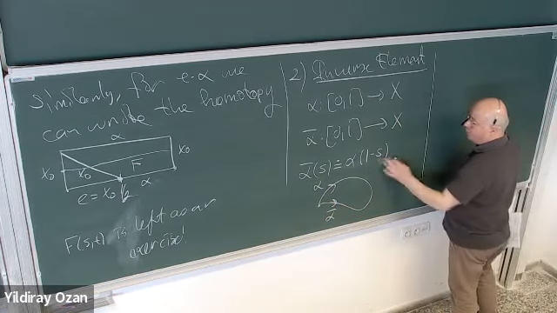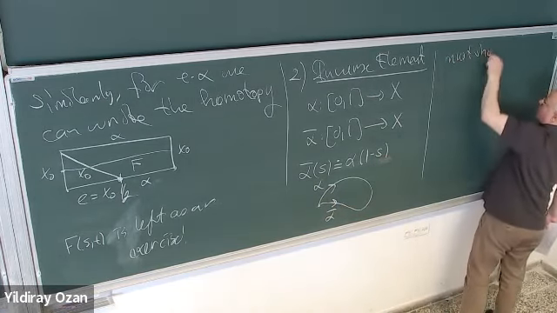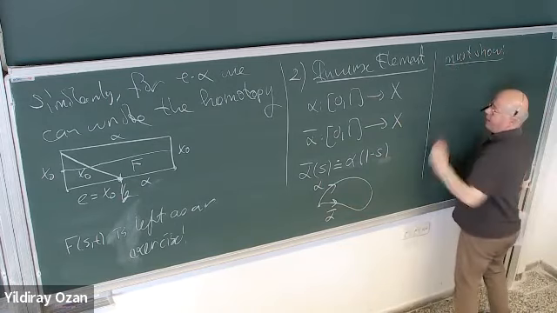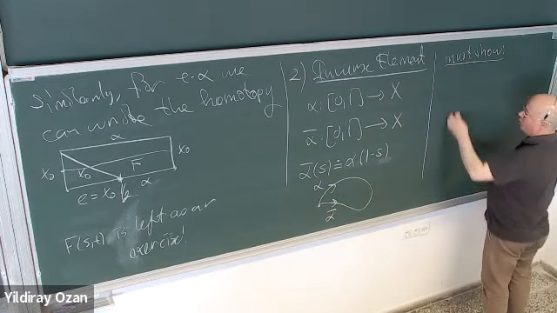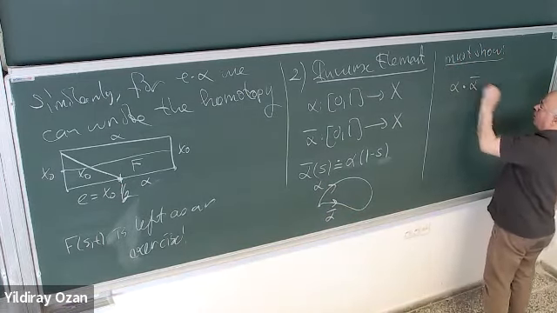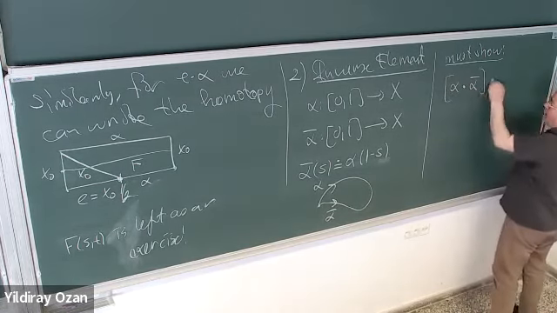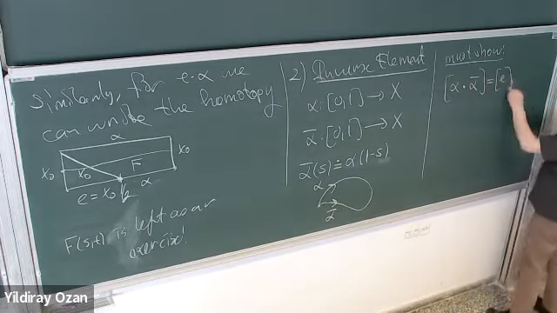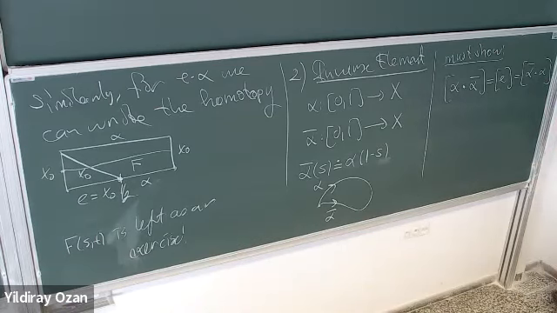This is clearly continuous, but we must show that this is really the inverse element in the group with respect to the group operation. So we have to prove the following. Alpha composition alpha bar should be the identity element, and also the other composition should be the identity element.